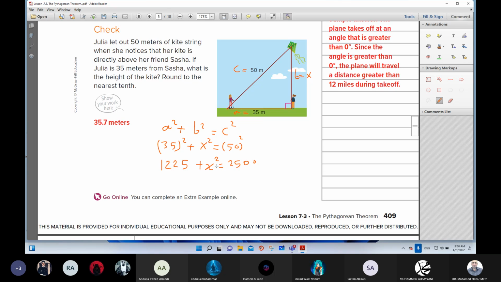We want to solve this equation. So we can take this number to the second side. So it means X squared in the first side equals, in the second side we have 2,500. And when you transfer this value to the second side, take the opposite sign. So it will be negative 1,225.